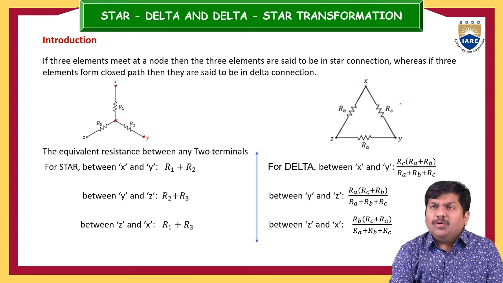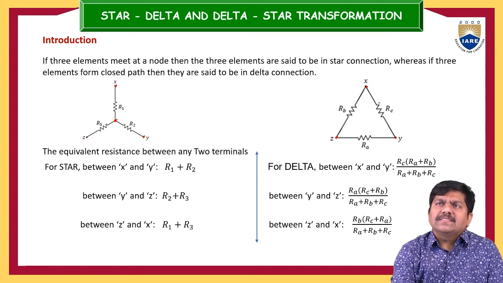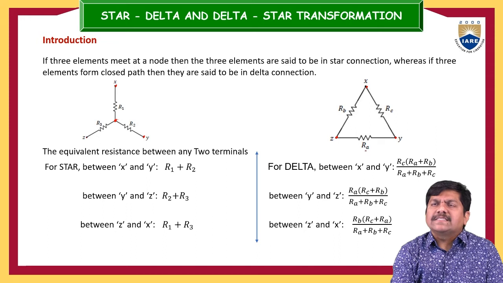And come to this delta. Now this RA resistance is originating at, let me assume, Z and terminating at Y. And again RC is starting at the previous terminating point, that is Y, and terminating at another new point, that is X. And the RB resistance is starting at the terminating point of the previous resistance RC and it is approaching the starting point of the first resistance RA.